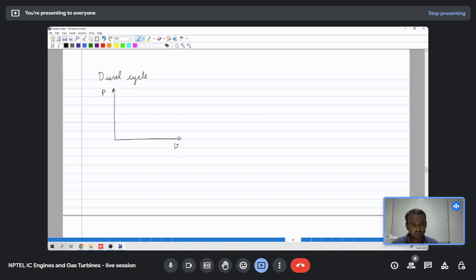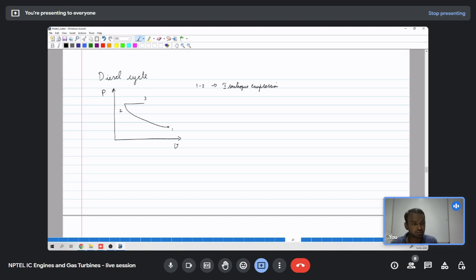So in the diesel cycle, similar to the Otto cycle, we have isentropic compression represented by state 1 and 2. And in a diesel cycle, the heat added is at constant pressure. So 2 and 3 will have the same pressure.